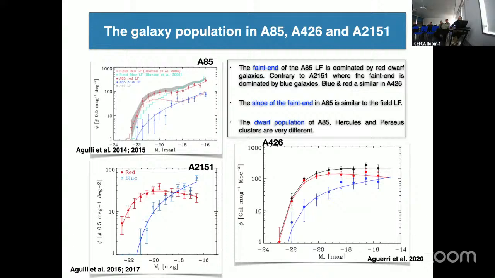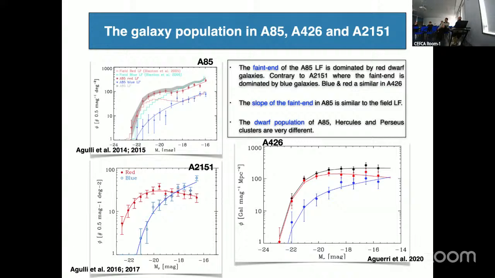In the faint end, blue galaxies dominate over the red ones. And if you go to Perseus, they are more or less the same. So it's not so universal that the red dwarf galaxies dominate the faint end of the luminosity function in galaxy clusters. Some of them yes, but some of them no.